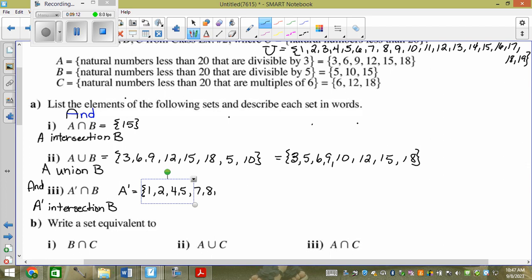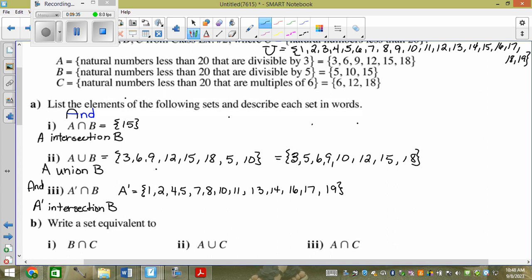It has 9. It doesn't have 10, 11. It has 12. It doesn't have 13, 14. It has 15. It doesn't have 16, 17. It has 18. And I stop at 19. And why do I stop at 19? Because the universal set says I have to stop at 19. Right? I can't keep going. The universal set is the numbers 1 to 19. So the complement of A are all the numbers in the universal set that are not in A.